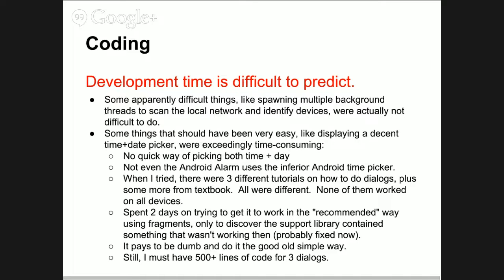I don't remember the detail, but essentially there was something that really was not working on some of the old phones due to the compatibility library, okay? So I spent essentially a couple of days trying to find patches to the compatibility library or other versions of the compatibility library that would fix it, etc., back and forth. And in the end, I scrapped everything and I used a deprecated approach, and that eventually worked.